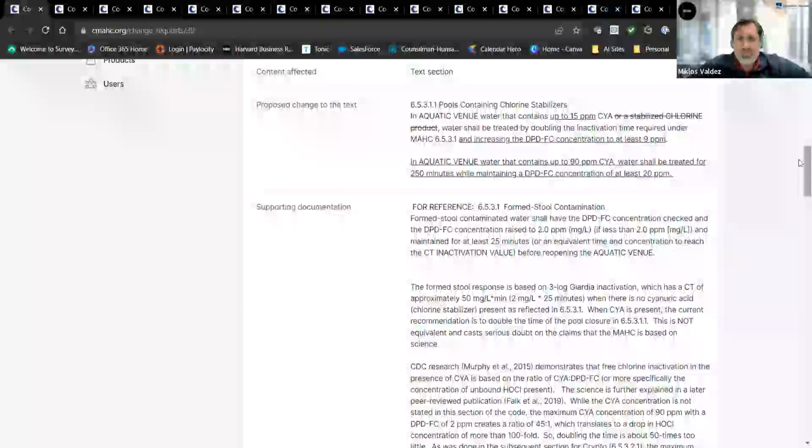And then in addition to that, the change to increasing free chlorine concentration to 9 parts per million for pools with cyanuric acid, I think could be quite burdensome.